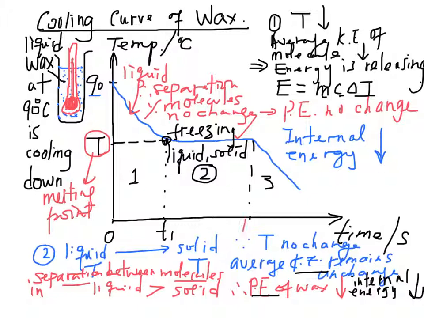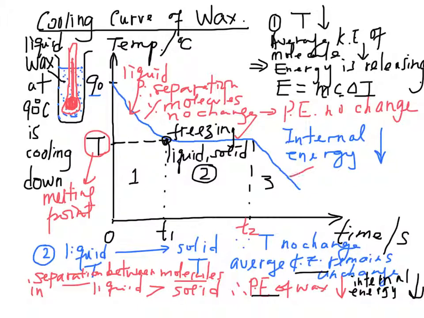At time T2, all the wax has solidified. That means all the wax changed from liquid to solid already. Therefore, in region 3, the temperature of the solid state wax decreases.